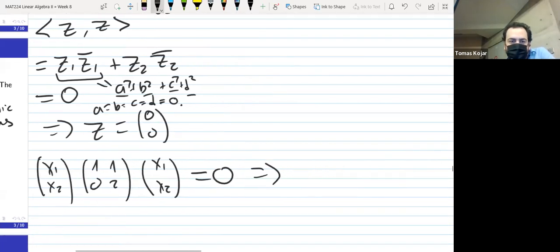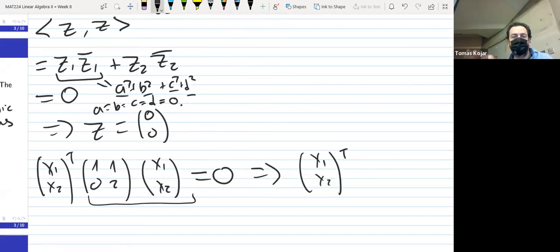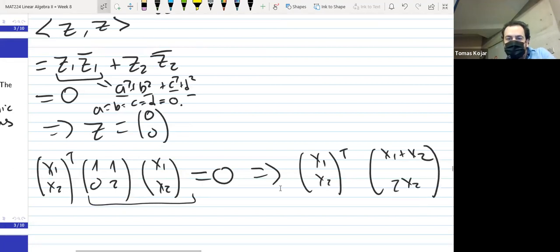So first, here is x1, x2, and then 2x2. And then you multiply them together.